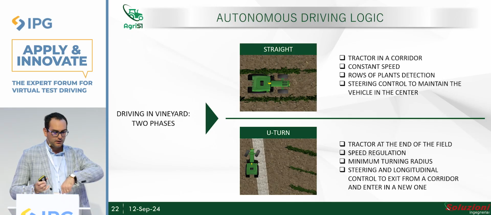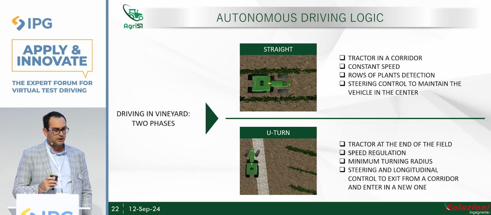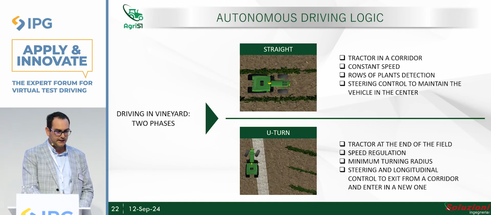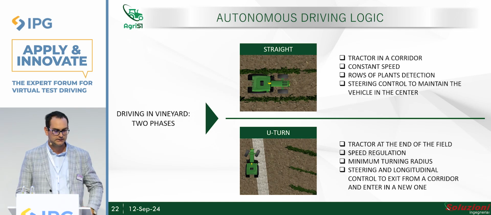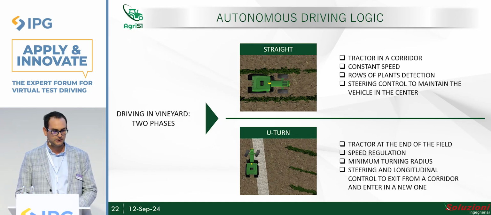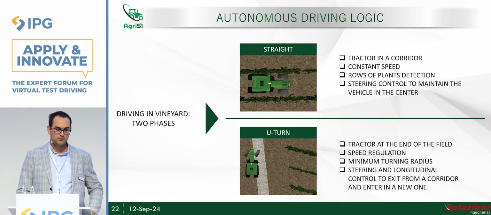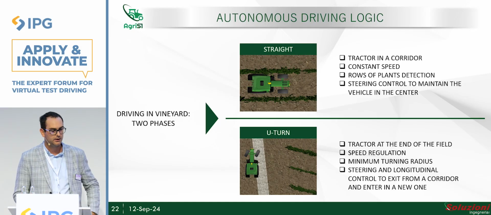We can divide the problem in two phases: the straight phase and the U-turn phase. In the straight phase, the tractor is in a corridor between two rows of plants, going at constant speed. We need row detection, and we want to create a steering control able to maintain the tractor in the center of the corridor.